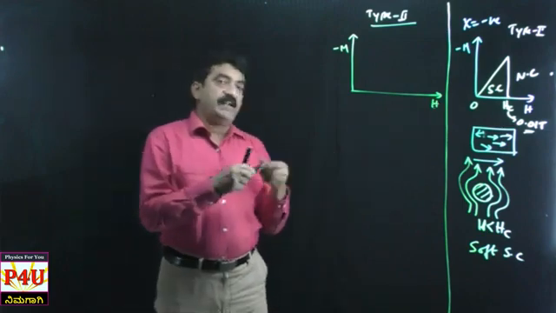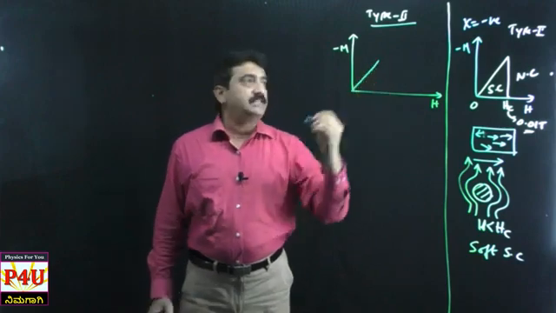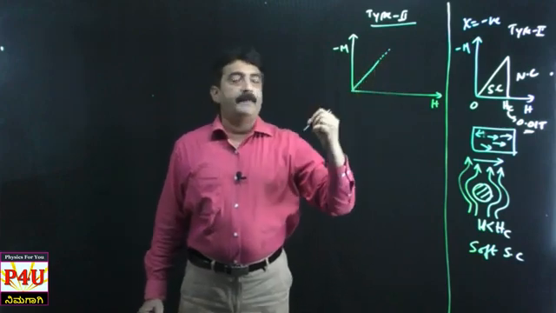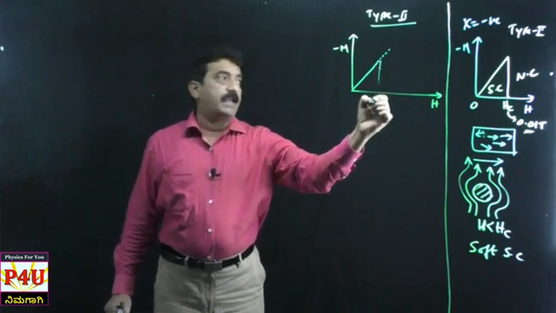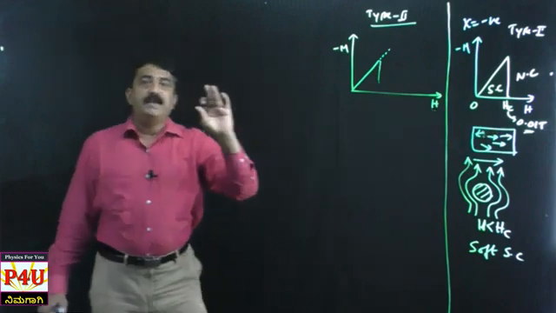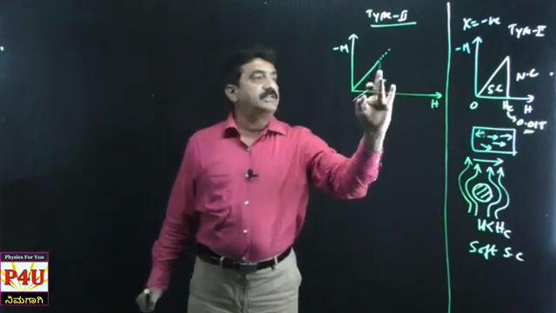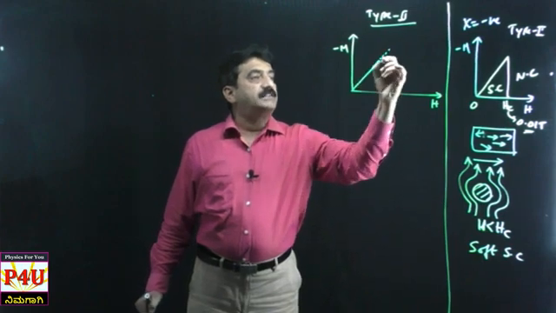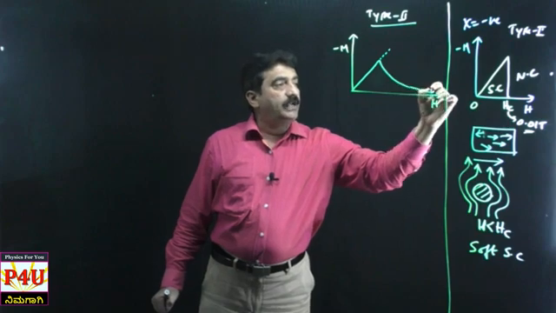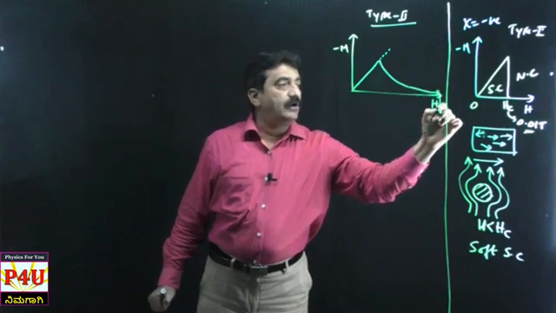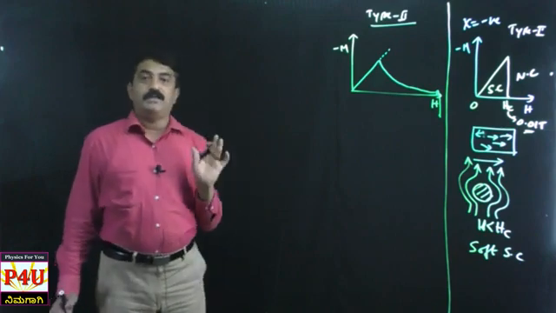As magnetic field increases, this negative magnetization also increases, but it won't increase further. It starts decreasing, but it won't decrease suddenly. If it decreases suddenly, then it is type 1 only. The decreasing tendency starts here, continues to decrease, and after a very large value of H, that negative magnetization becomes zero.